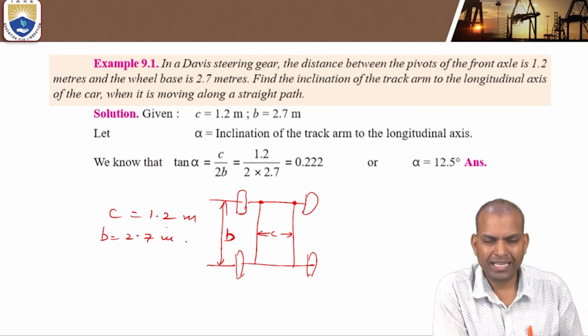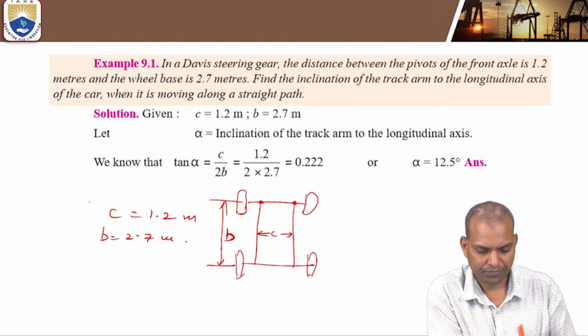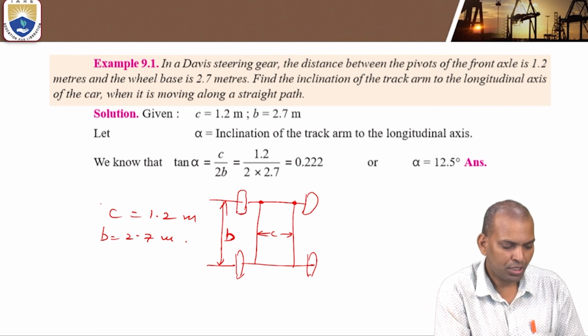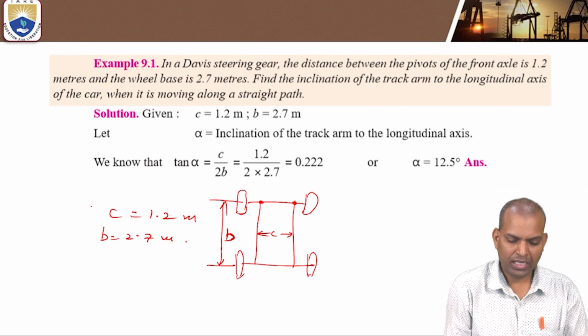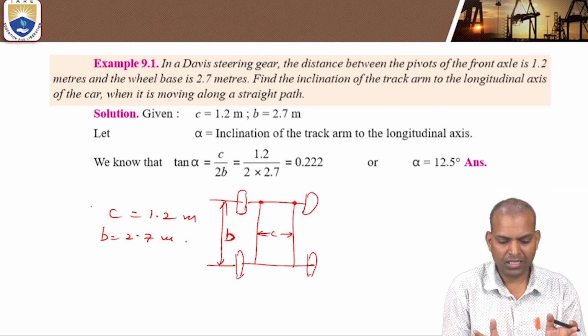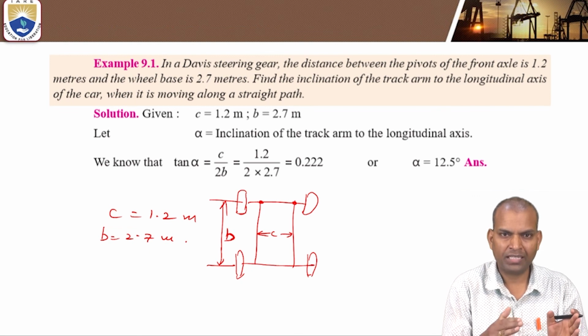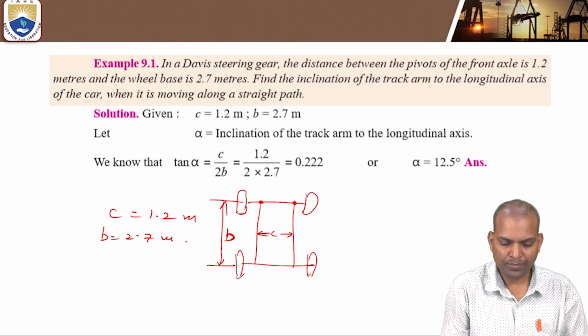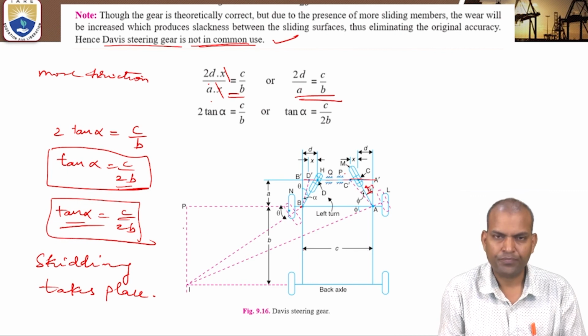Find the inclination of the track arm to the longitudinal axis of the car when it is moving along a straight path. How much should the track arm be inclined? This is the inclination of the track arm, that is alpha.